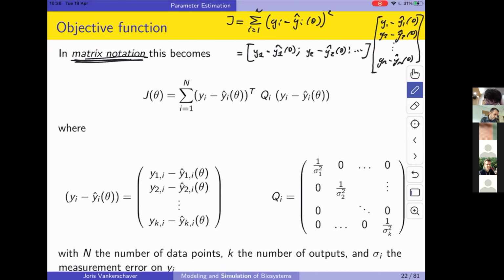There should be hats here and here. If you multiply this row vector by the column vector, you'll see that what you get is precisely this sum of squares.